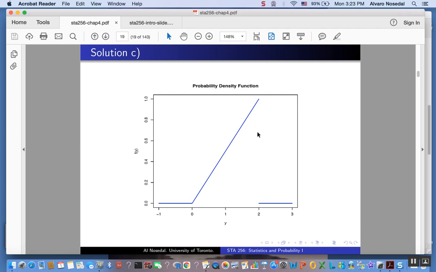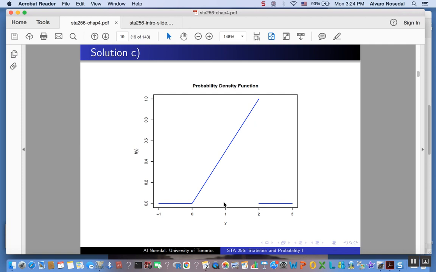Once we have the graph, we see this is a triangle. The area underneath that density is just the area of that triangle: base 2, height 1, 2 times 1 divided by 2, because that's the formula for the area of a triangle, so that's 1. So good.